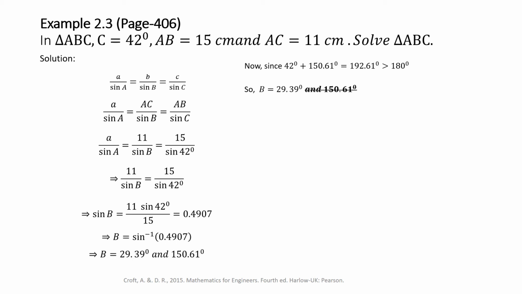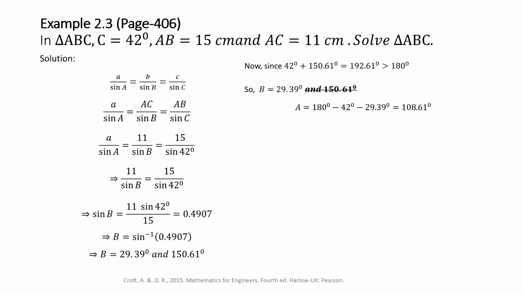So 150 is rejected. That is why I told you in the previous example that it's not necessary all the time to have two cases. If the sum of two angles comes out more than 180 degrees, then we should stop there. We are not taking the other choice, we are taking only the 29.39 degrees choice.